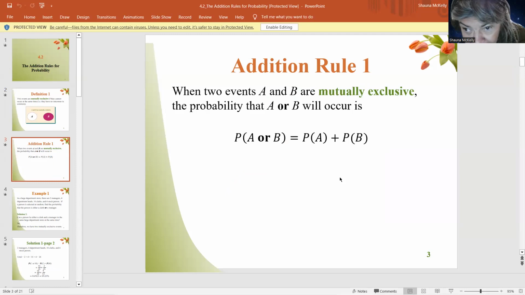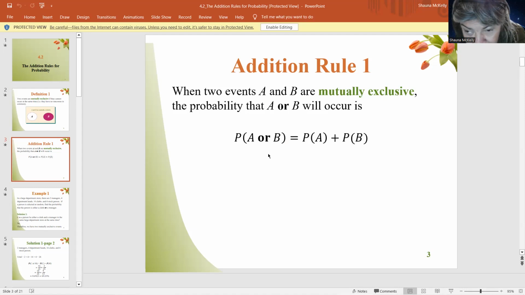Also in my previous video, I mentioned when we were looking at 4.3 that when you see the word or, because we had some problems in 4.1 that dealt with or, I want you to think of addition when you're using probability. But there's two addition rules.